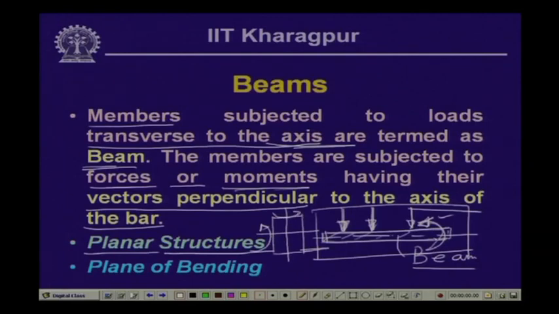Now, when this moment acts about an axis, for example about this axis, it lies in the plane of the beam itself. And if we look at both the moments, the vectorial direction of both is perpendicular to the long axis of the beam.